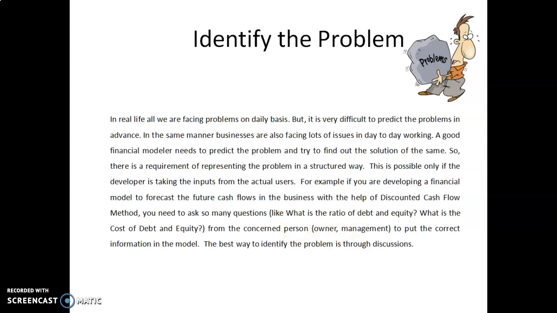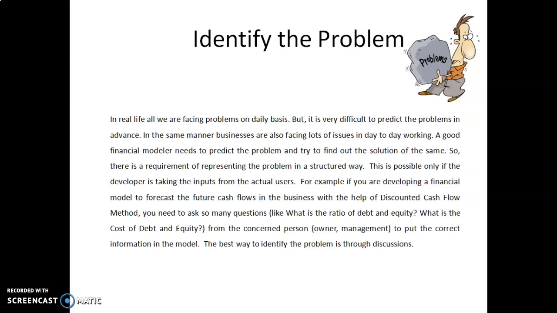For example, if you are developing a financial model to forecast the future cash flows of the business with the help of the discounted cash flow method, you need to ask so many questions, like what is the ratio of debt and equity, and what is the cost of debt and equity, from the concerned person. The concerned person means the person for whom you are developing that model, might be the owner of the organization or the management, to put the correct information in the model.